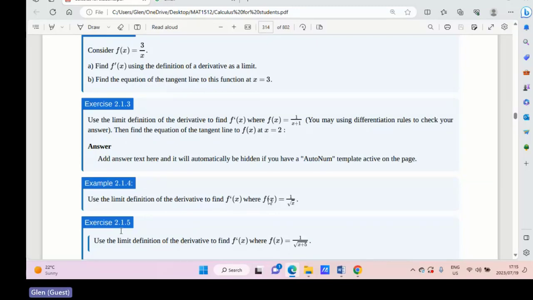Use the limit definition of the derivative to find the derivative of f, where f of x is equal to 1 over the square root of x plus 5.